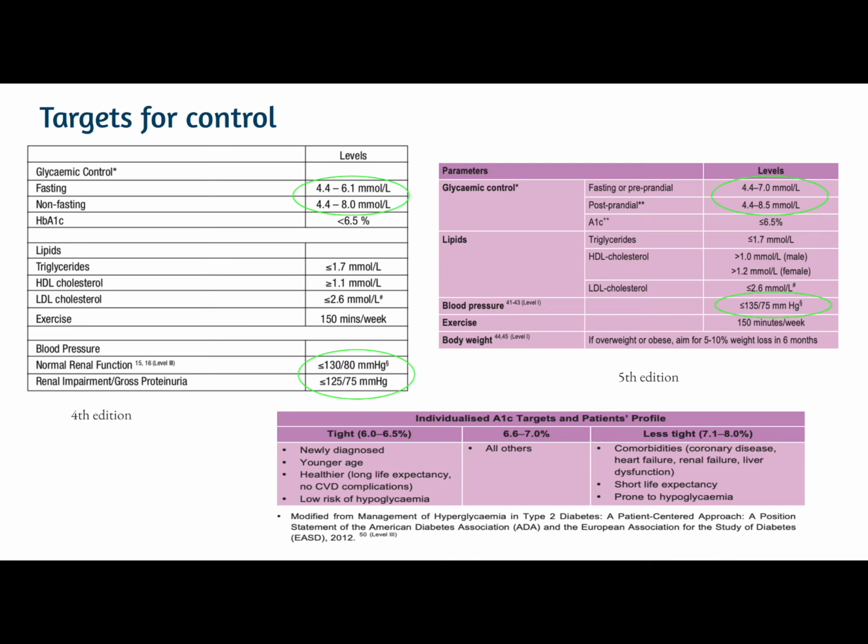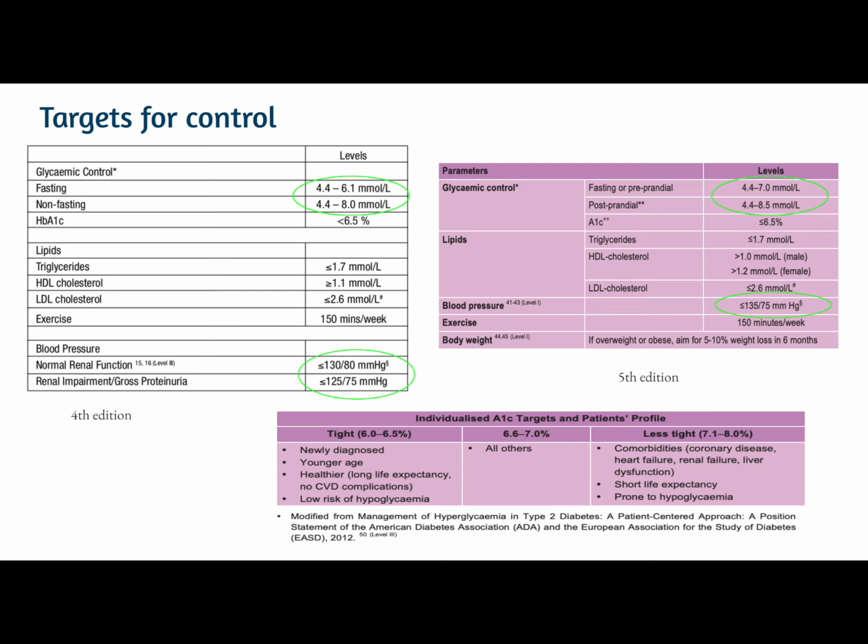Next, let's look at the targets for control of blood glucose. So this again is taken from the 4th and 5th edition of the CPG. Here we directly compare the targets for control, where the previous edition has mentioned a tighter control compared to the latest edition, which has provided a little bit more leeway for fasting as well as postprandial control.